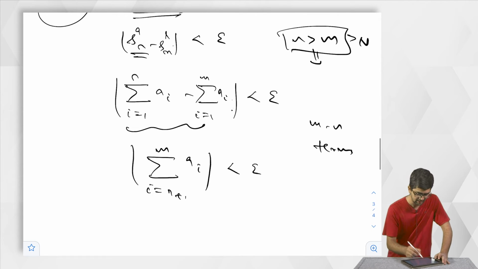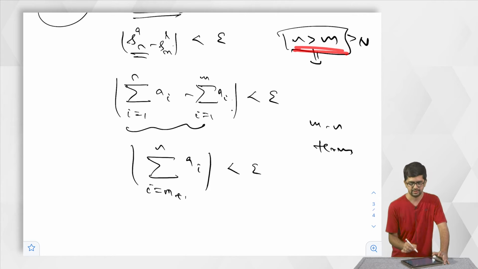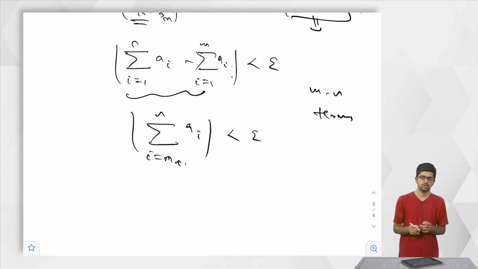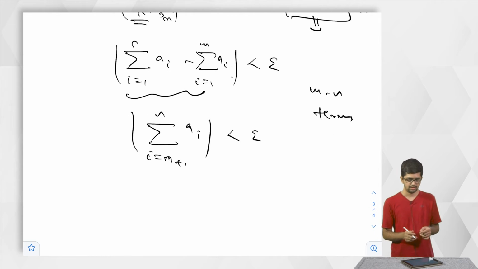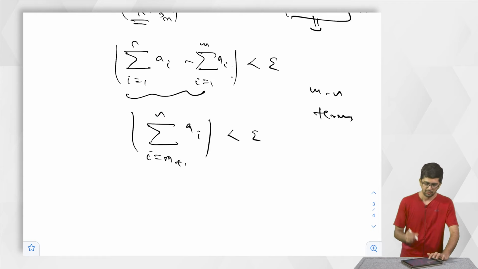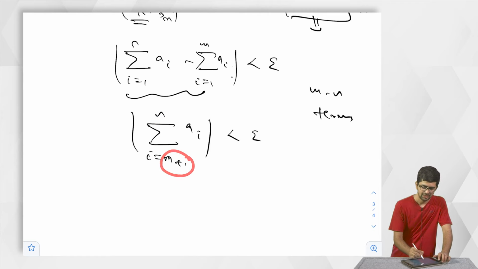Oh sorry, this is m plus 1 to n, since I have said here n is greater than m. So this says some result about the sum of some elements of the sequence. If this is true for any m, n, it is true when m plus 1 is equal to n.